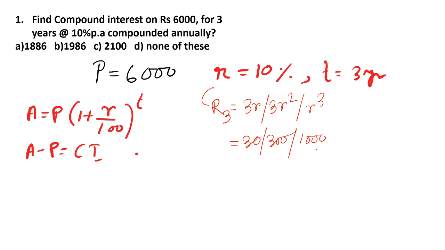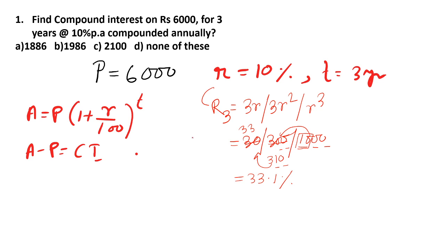As you all know, there will be 2 digits in each block, so the remaining digits will be carried forward to the next box. So 300 plus 10 is 310, and again the extra digit 3 is carried forward, so it will be 33. Ultimately what you get is 33.1, and this is the equivalent percentage.